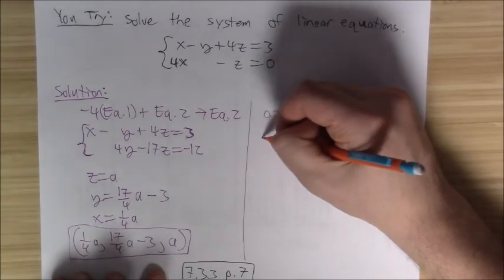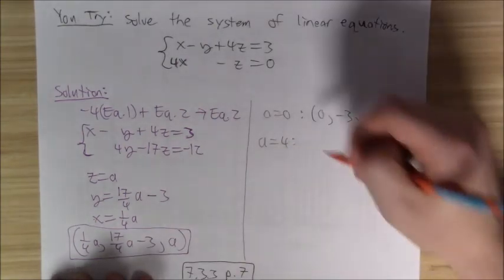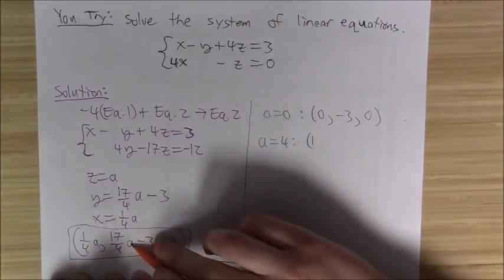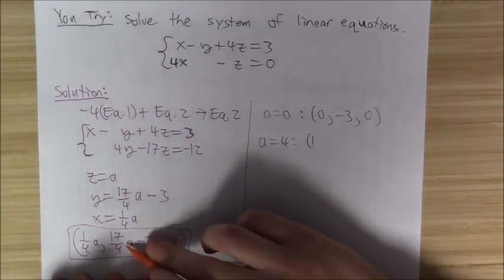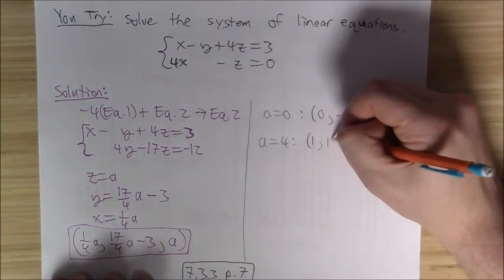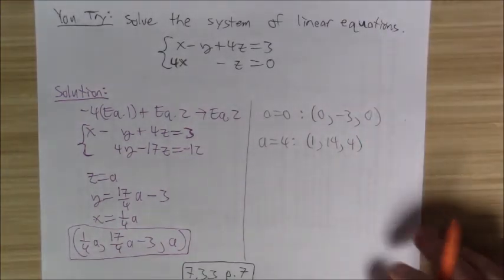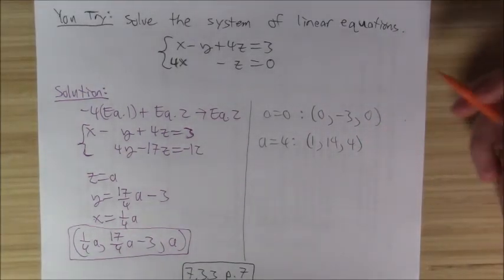Another solution might be, what if a were equal to 4? Well, if a is equal to 4, 1/4 of 4 is 1, and 4 times 4 is 17, so 17 minus 3 is going to be 14, and then 4, because that's what a was. So these are both solutions.